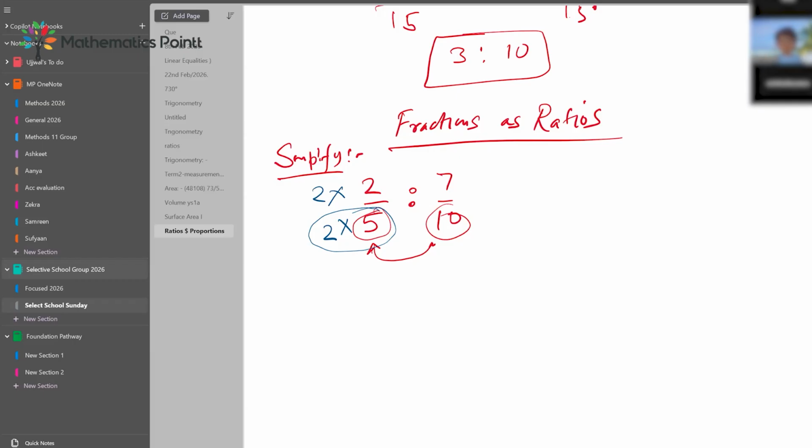So whatever you do at the bottom has to be repeated at the top and vice versa, so that the fraction remains the same. So eventually, this becomes 4 over 10 ratio 7 over 10. And if I really have to use a shortcut, my psychological shortcut, I would say 10 10 cancels. And hence, this becomes 4 ratio 7.